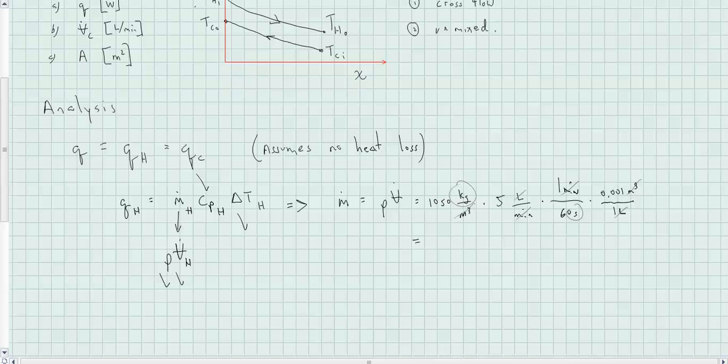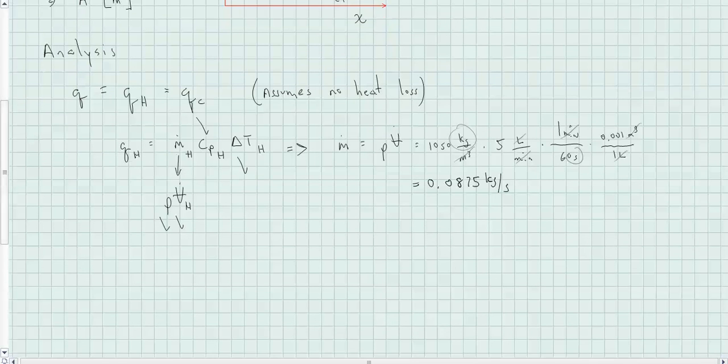This value is 0.0875 kilograms per second. Now we can calculate Q.